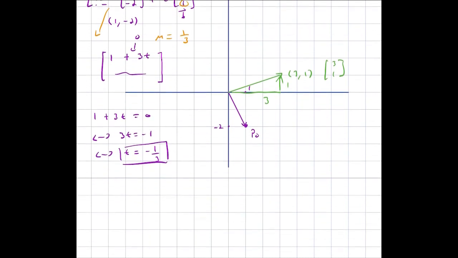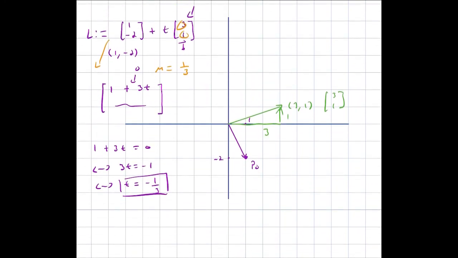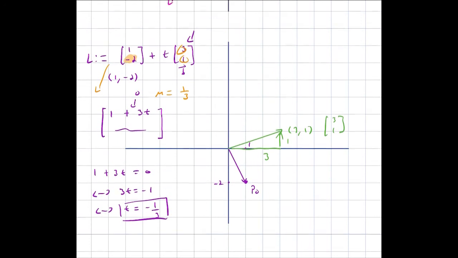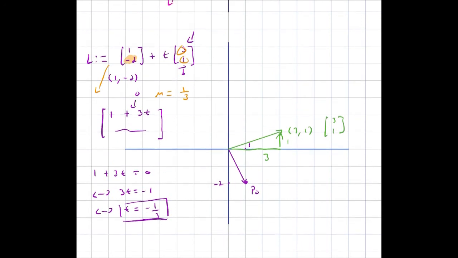What will the y-coordinate be when t is equal to negative 1 over 3? Well, it's going to be negative 2, the y-coordinate of the position vector, plus this t value, which is negative 1 over 3, times the y-coordinate of the direction vector, which is 1.